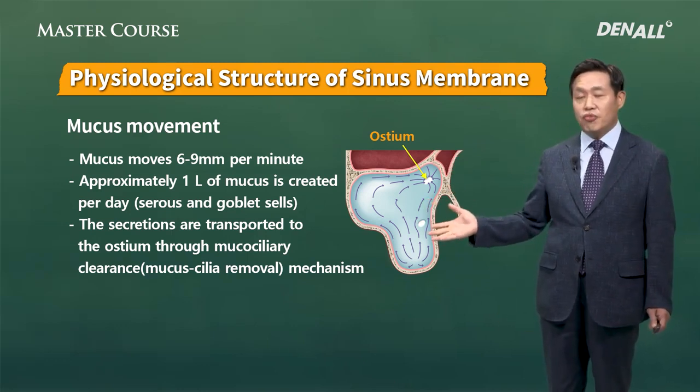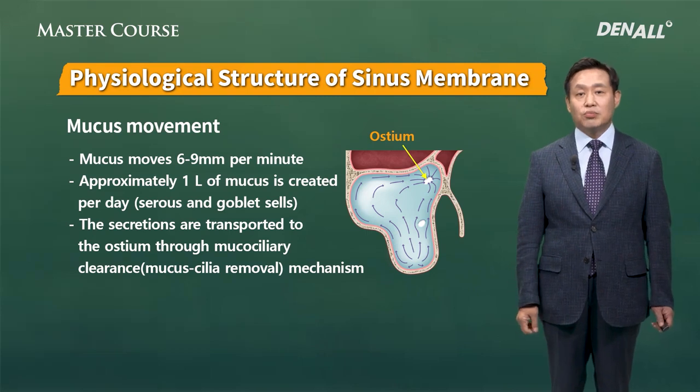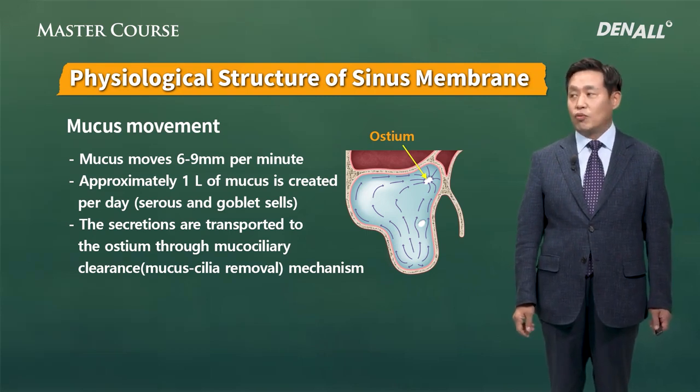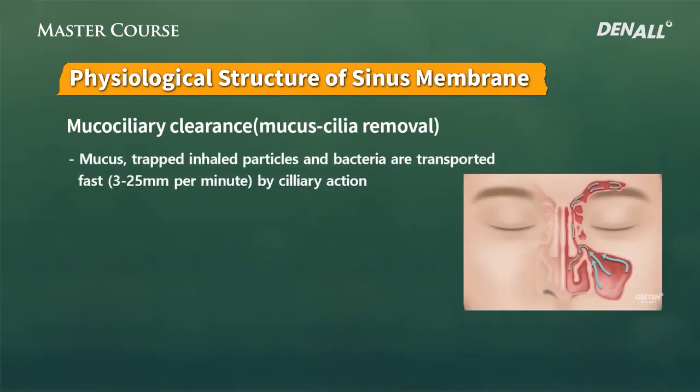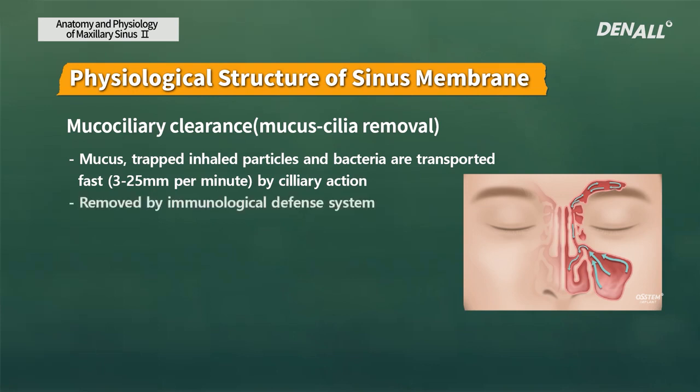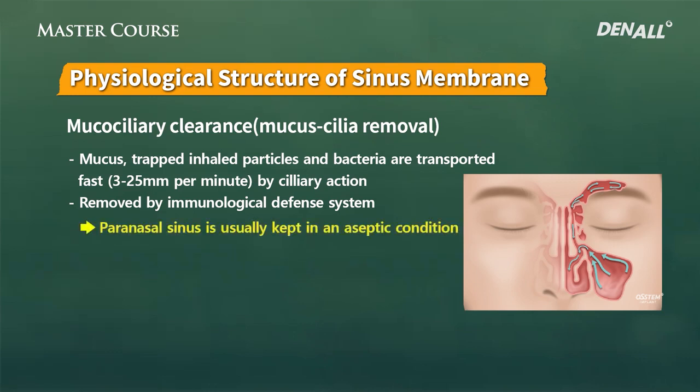This is the most important factor when it comes to the physiology of maxillary sinus. The mucociliary clearance. The mucus moves. Entrapped inhaled particles and bacteria are transported through the ciliary clearance. It is the immunological defense system of the sinus.